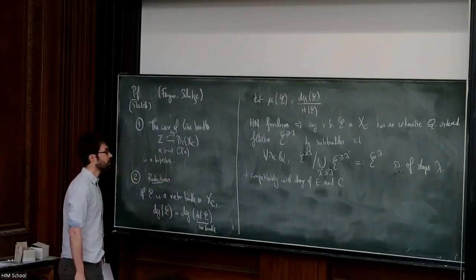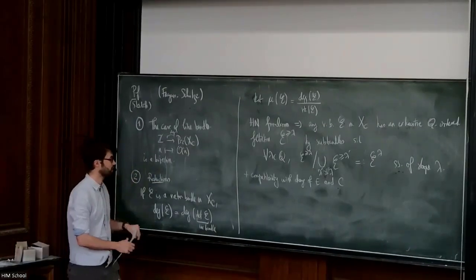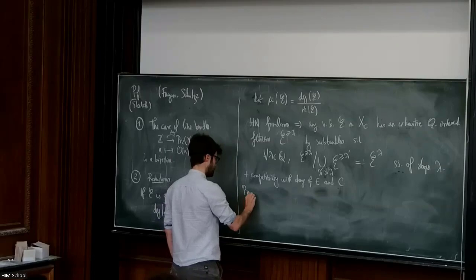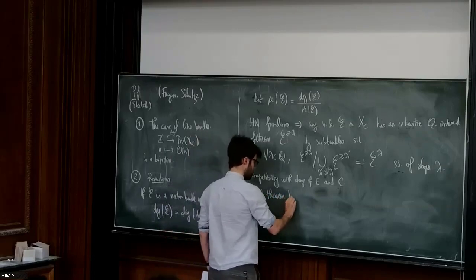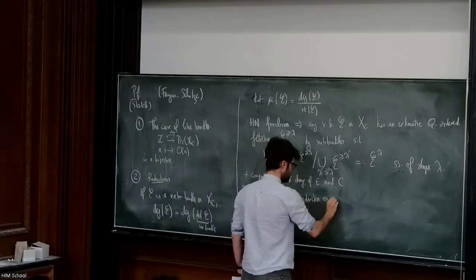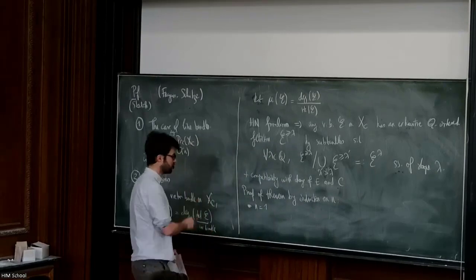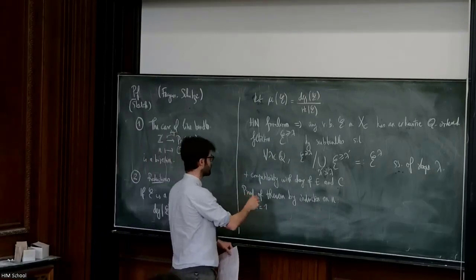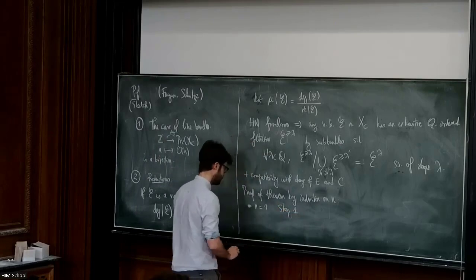Okay. So the proof of the theorem is now by induction on N. The case where N is 1, I already assumed it. So it is the content of step 1.